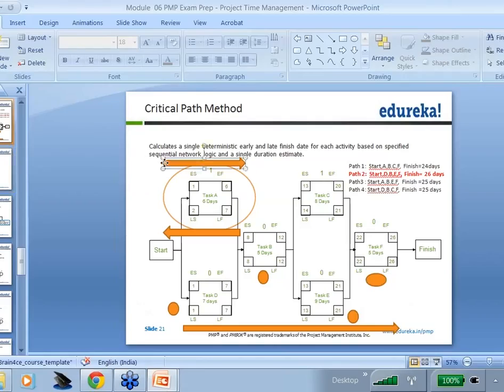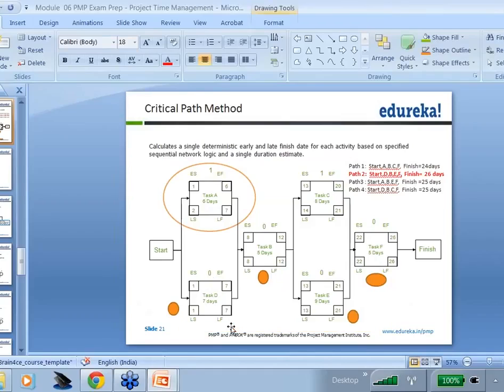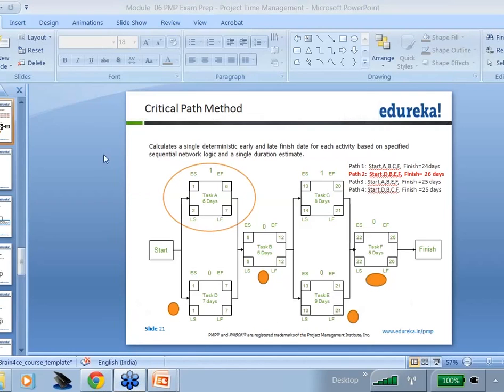And now let me remove all the arrows for you for a clearer understanding.